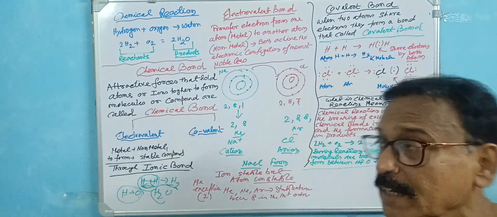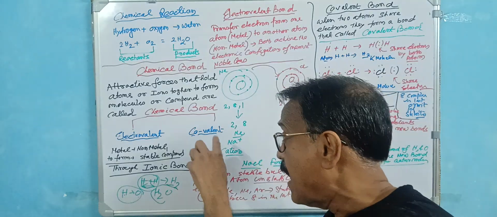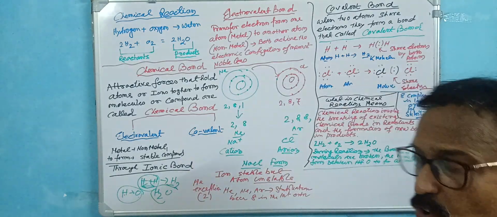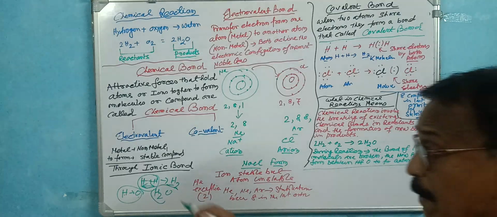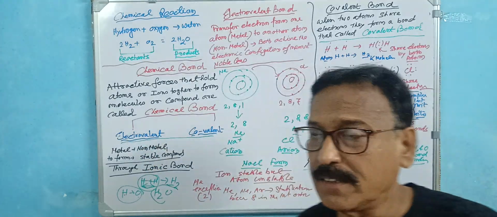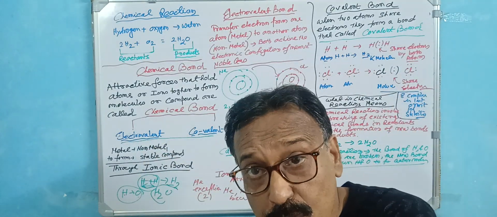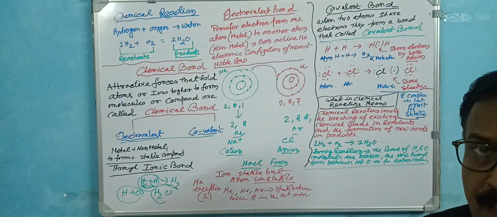Now, in general, chemical bonds are basically of two types: electrovalent and covalent. There are others, like the coordinate covalent bond and hydrogen bonding, which are in the 11-12 chapter, so many bonds are there. But the basic two bonds are electrovalent and covalent. You know by the name, electrovalent means charge, an indication of the charge.